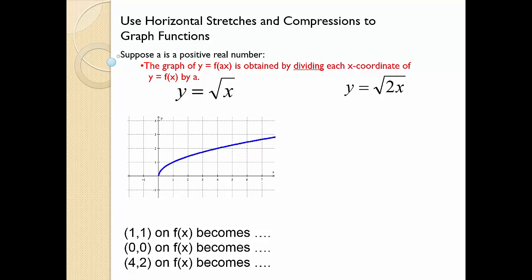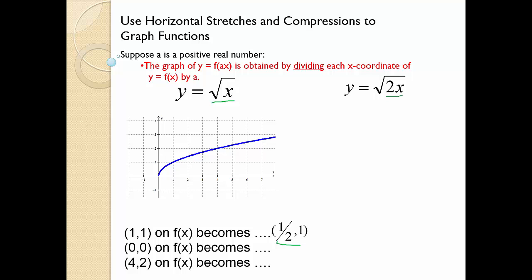All right, so let's have a look here. So here's square root of x, and here's the original. If we're going to multiply the x by 2, then what happens here? If x is a half, if I stick 1/2 in here, 2 times a half is 1.